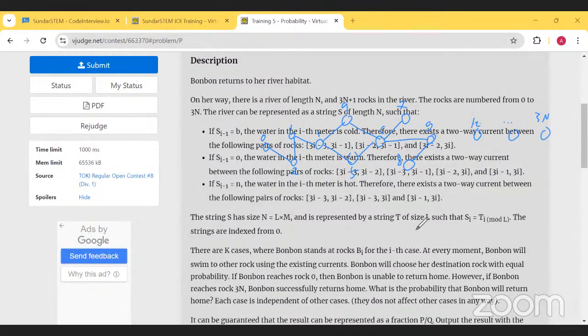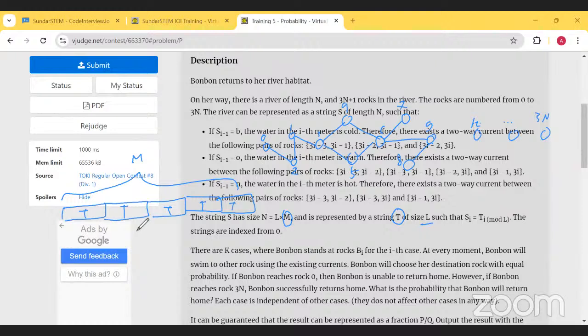We only have a string T with size L and then an integer M. And then the string S is a concatenation of T, M times. So if string T has size L, the size of string S is L times M. Okay.